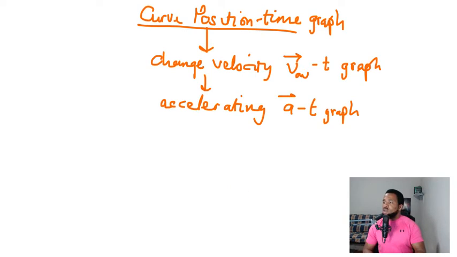So first off we have case scenario number one, which shows a specific position time graph where our position is located in the east, measured in meters, and our time is measured in seconds.